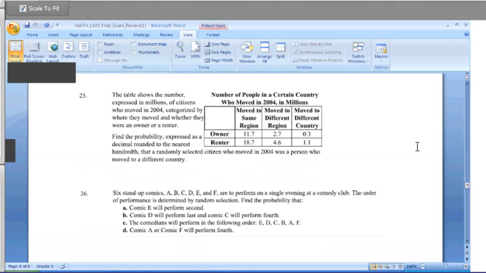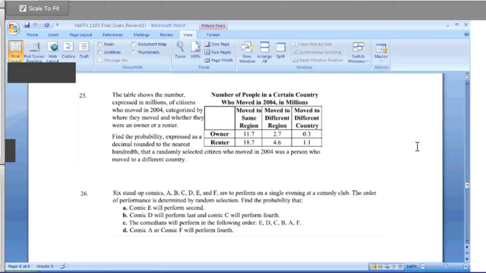Okay, number 25. The table shows the number expressed in millions of citizens who moved in 2004, categorized by where they moved and whether they were an owner or a renter. Find the probability, expressed as a decimal round to the nearest hundredth, that a randomly selected citizen who moved in 2004 was a person who moved to a different country.